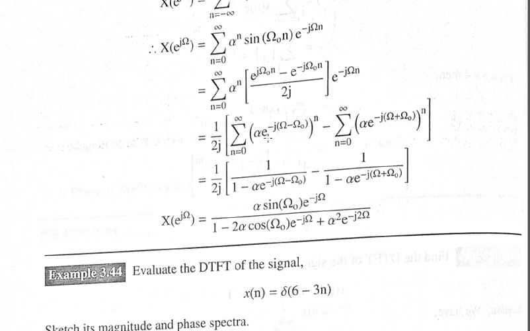So when we write this, by using the summation, n is equal to 0 to infinity, we write this as 1 divided by 1 minus whatever is there to the power. So it is 1 minus alpha e to the power minus j (omega minus omega naught), and similarly 1 by 1 minus alpha e to the power minus j (omega plus omega naught). And after solving this and multiplying these two, we get this term.